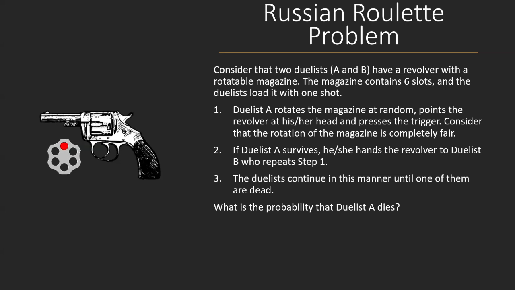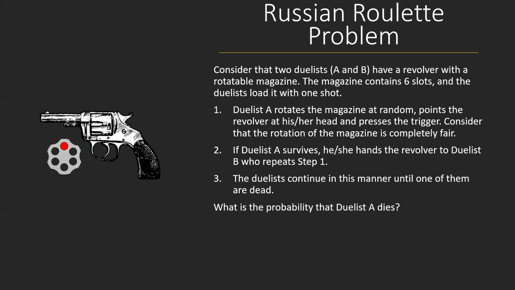But if you think about the problem a little bit more, you'll quickly realize that this is not the case, because since duelist A is starting, it must be more likely that duelist A is the one to die. So already from this basic thinking, we can say that the probability that duelist A dies should be over 50%, because for sure one of these two duelists will die eventually.